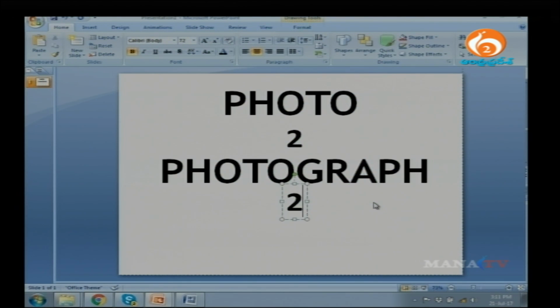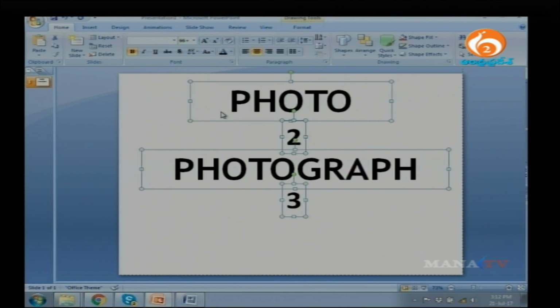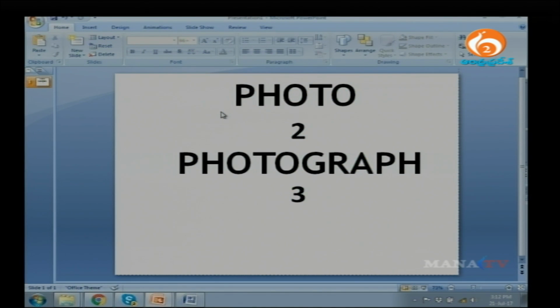So I have 3 syllables. So you may say number of vowels is equivalent to number of syllables. Photo, photograph, 3 syllables. So you may conclude, which is actually incorrect, that number of vowels equals number of syllables, but that is not the fact.